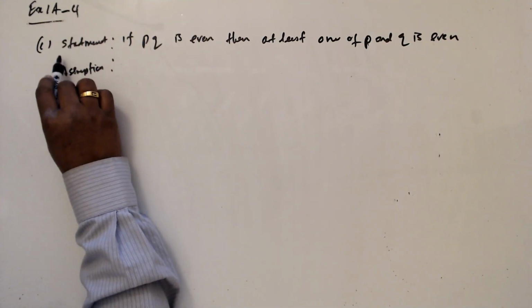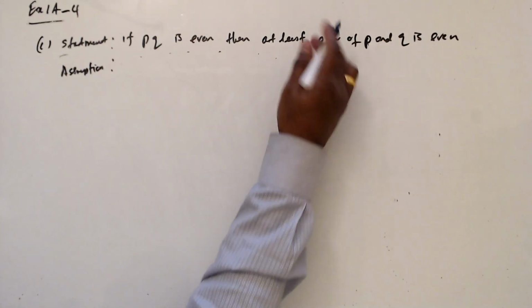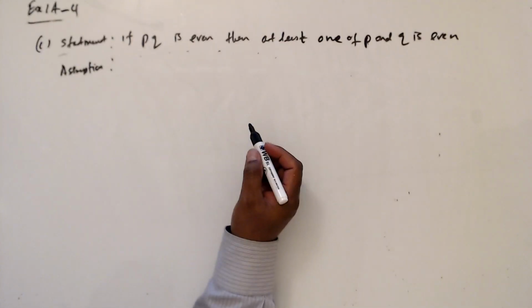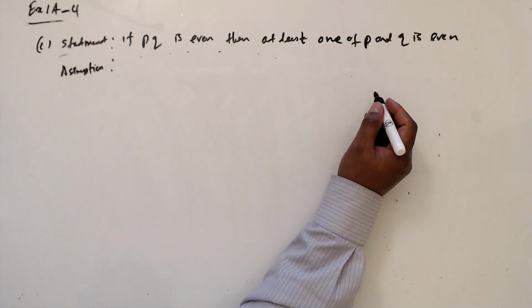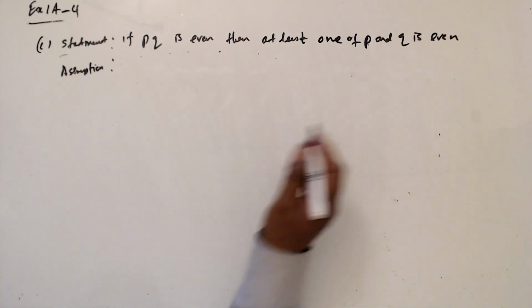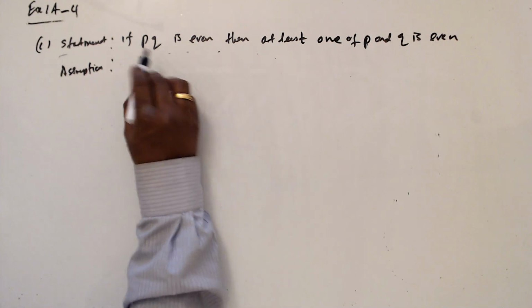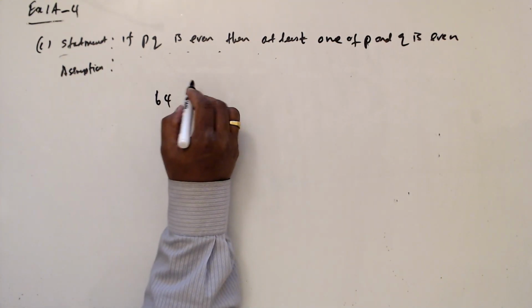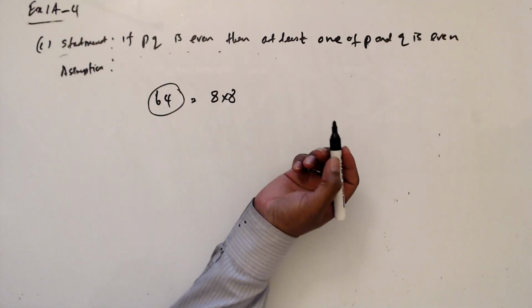Part C. The statement: if PQ is even, then at least one of P and Q is even. Assume there is a number, let's say 64. We can break it into two numbers, 8 times 8.